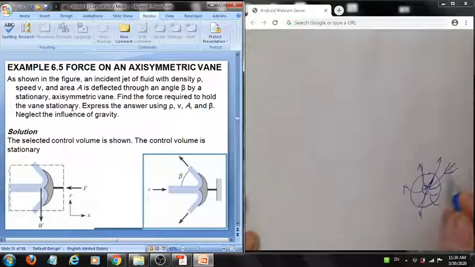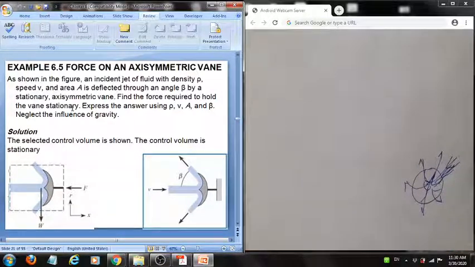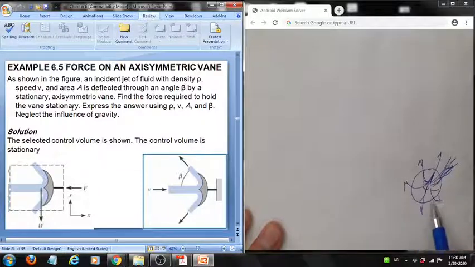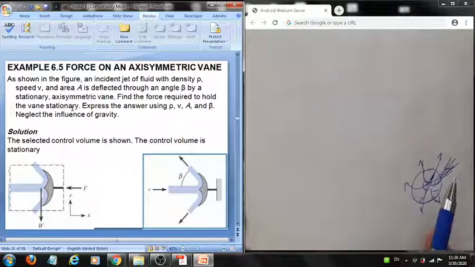So it's coming in this direction, and it leaves in all directions. Recognizing that we have one inlet and one exit, but this exit is around the periphery of this vane, then the problem is easily solved.